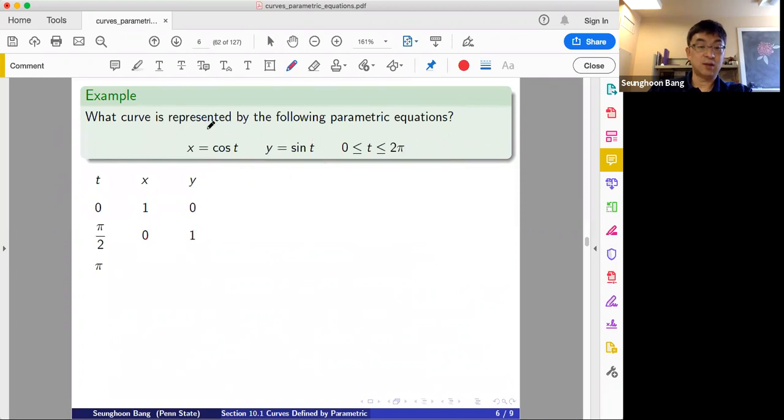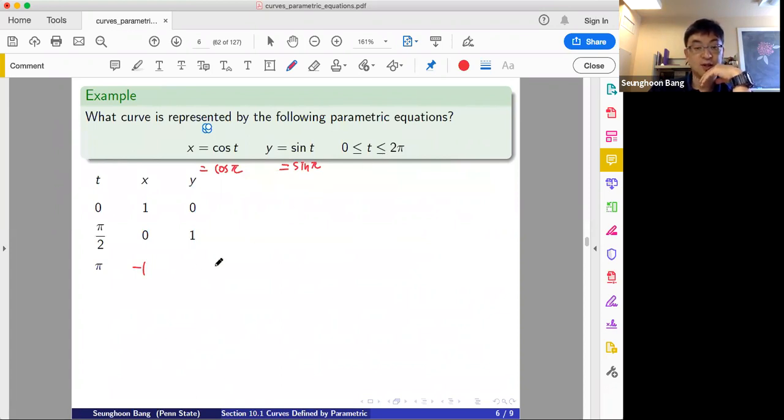What about pi? What's cosine of pi? Yep, negative 1. What is sine of pi? Could you write your answer on the chat board?